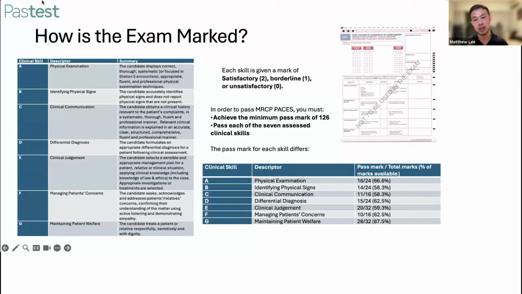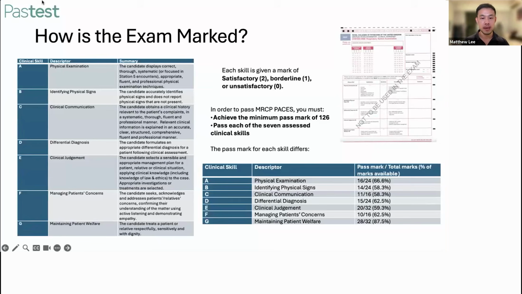And then they will say X, Y, and Z signs will give you a 2. If they don't pick up the key sign, but they do pick up some other stuff, that's a borderline. And if they just don't pick up any of that stuff, it's unsatisfactory. And they will calibrate that with the patient and the real clinical signs on the day, and with each other, so that it's fair and standardized across all the candidates that go through that station on the day.